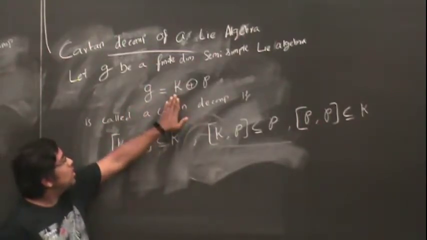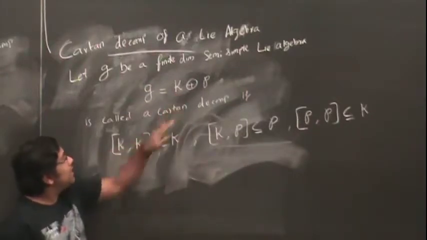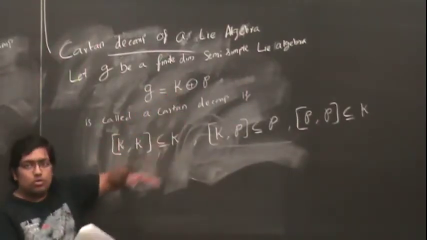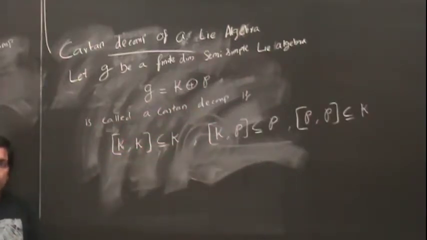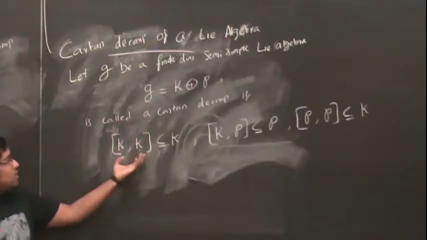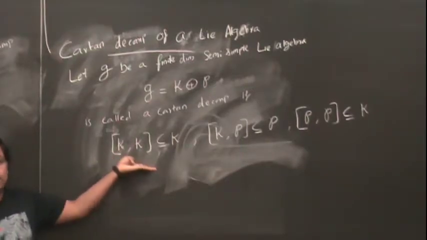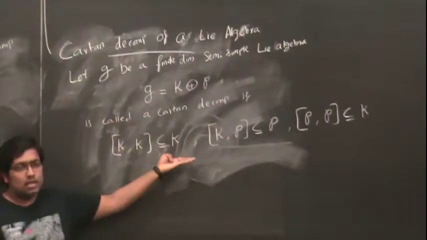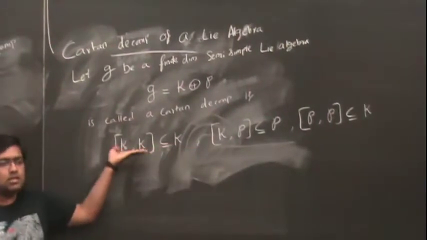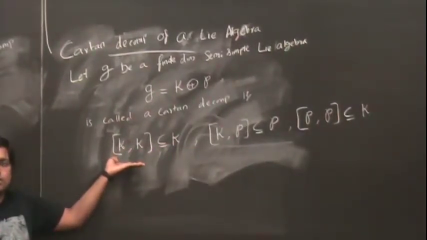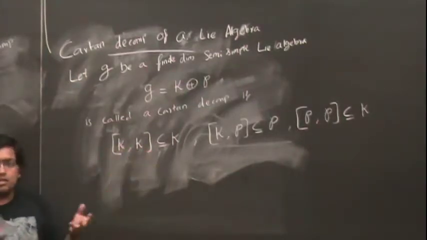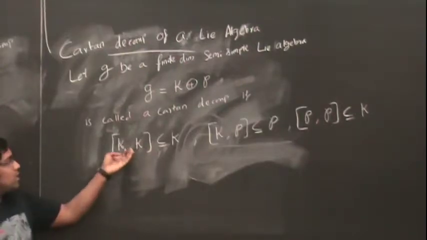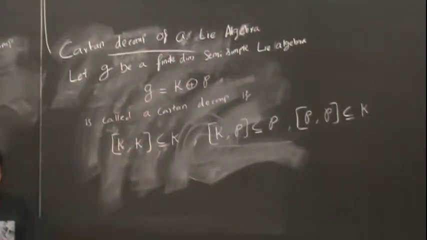What is this? You have two different vector spaces, k and p. Now you pick elements from k and commute them among themselves, so you find the commutator between elements from k. What you get is an element in k, which means that k is a subalgebra of the Lie algebra. If you pick elements from k and commute them with elements from k, you get an element in k.